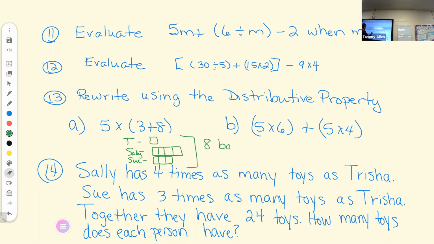Altogether, how many toys? How do we figure out what each box is worth? How about 24 divided by 8? And that gives us 3 in each box. So how many toys does Tricia have? 3 toys for Tricia. How do we figure out how many toys Sally has? You multiply 4 by 3.